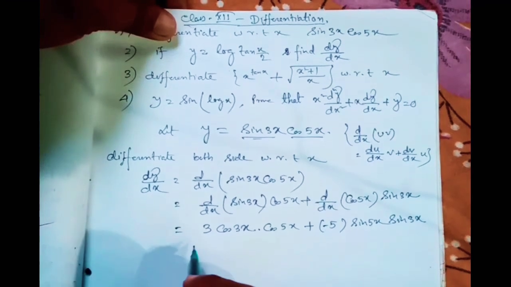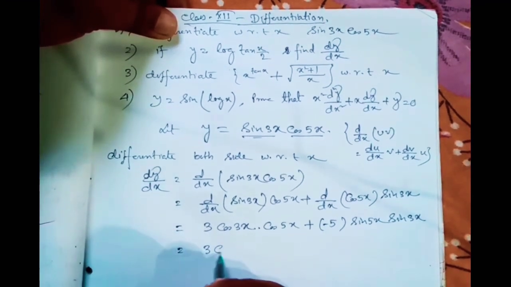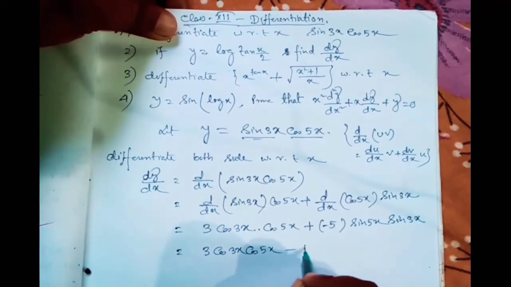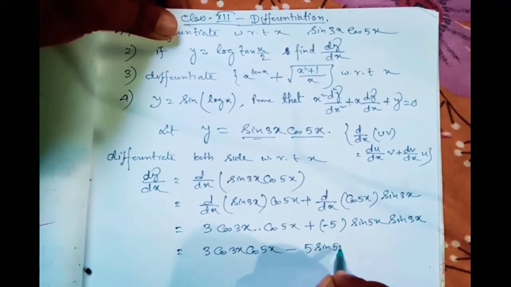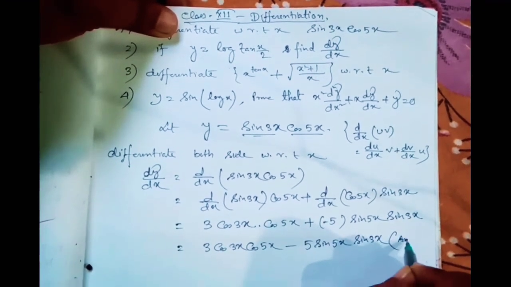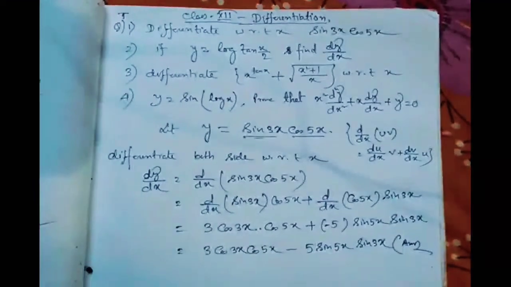Okay, so by adjusting, 3 cos 3x cos 5x minus 5 sin 5x sin 3x. So this would be my required answer. Next, move to another question.